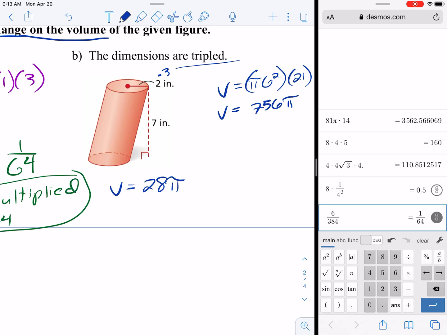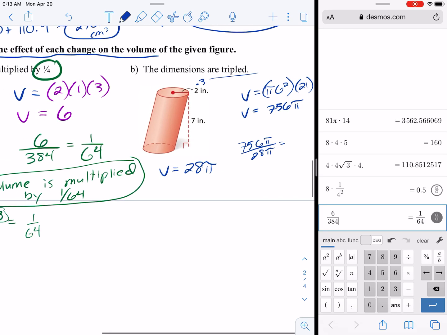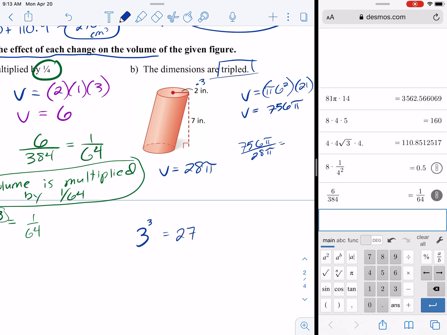And before we compare the two, 756 pi over 28 pi, hopefully we can just guess how the volume is going to change if the dimensions are tripled. We talked about this on the previous problem. If the dimensions are tripled, that's multiplying by 3. So then the volume is going to change by 3 cubed, which is 27. 3 times 3 times 3.